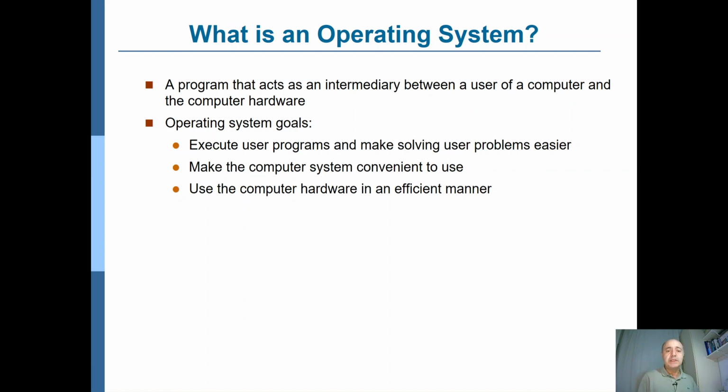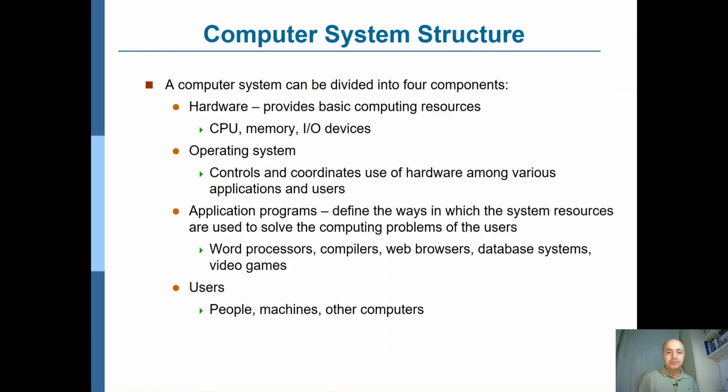So the operating system targets executing the programs requested by the user and also tries to make solving the problems of the user much easier. It also makes the computer system more convenient to use, and of course, while doing all these, increases the performance and efficiency of the computer hardware, which means making use of the hardware as much as possible.